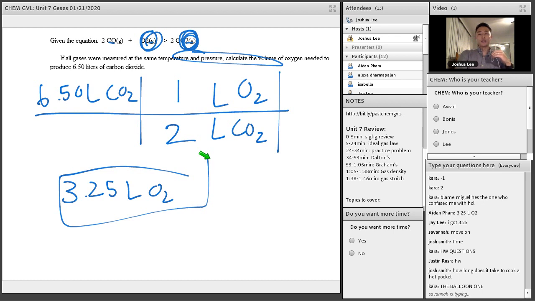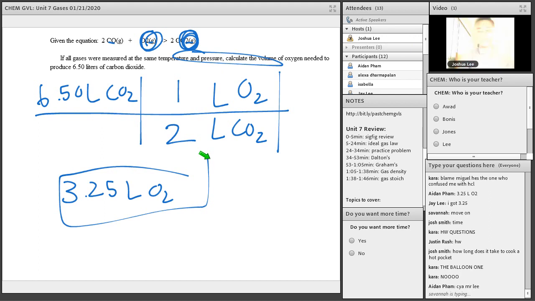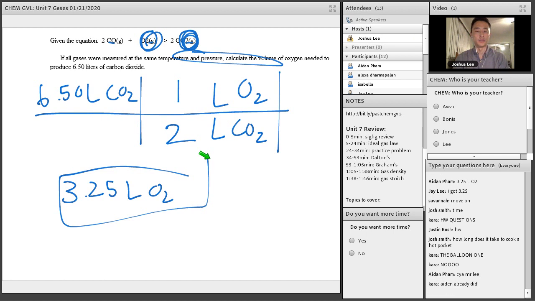Ooh, Josh comes in with the Hot Pocket question. So that's the question I'm going to answer. I think it takes like 3 minutes. All right, see ya. Just kidding. Type the balloon question. That's just a combined gas law question anyway, but feel free to type it out.